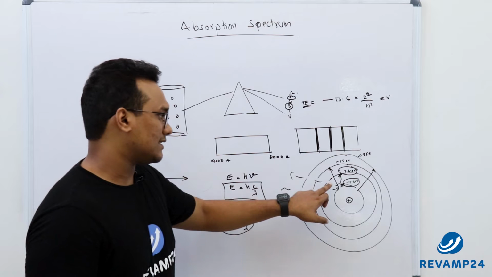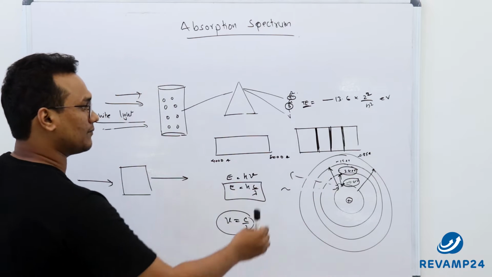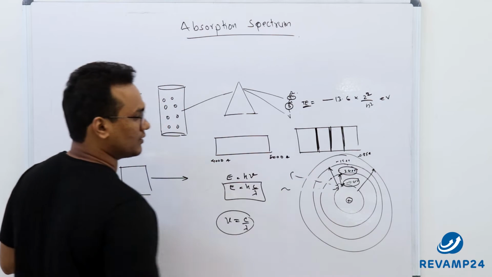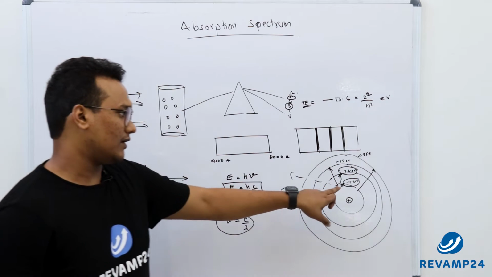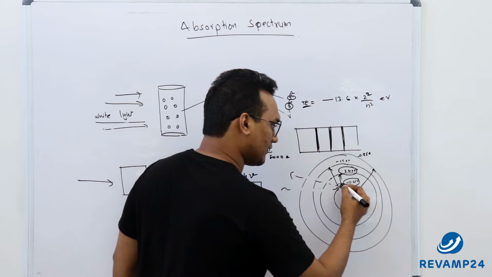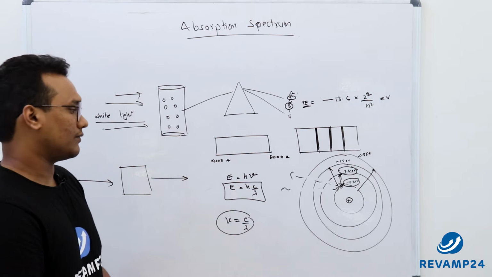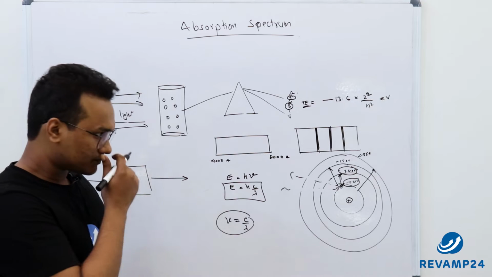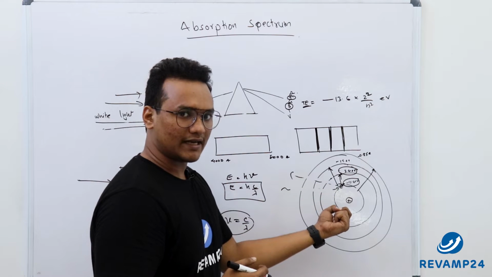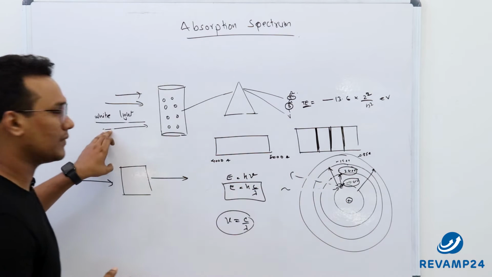So these radiations will be accepted by the electrons and they will undergo excitation. These are called excitation. When electrons are in the first orbit, that is the ground state. From the ground state, it will go to an excited state. How has it got the energy? From the incoming radiation.